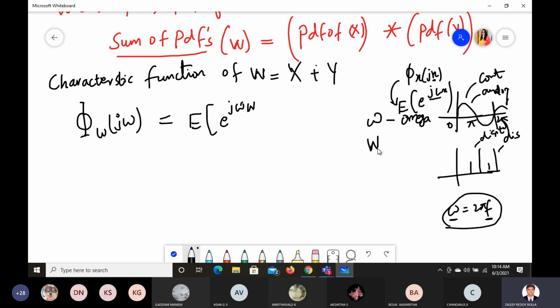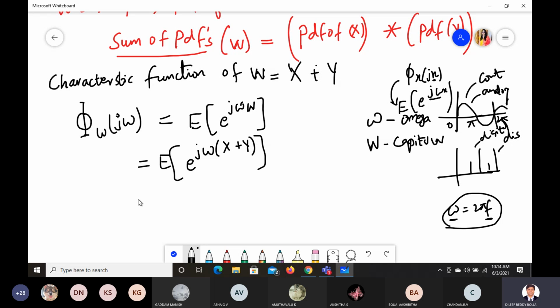Now replace this W here. What do we get? Expectation of e power j omega into (X plus Y).